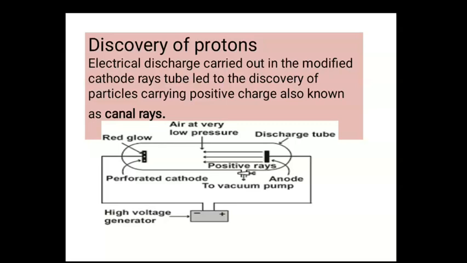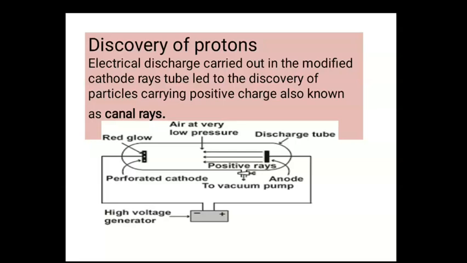A gas was filled in the discharge tube, which was about 60 centimeter long, and the pressure was reduced. On reducing the pressure, he observed a new type of radiations passing through the holes of the cathode and moving in the direction opposite to the cathode rays.